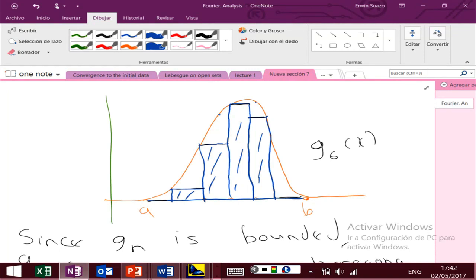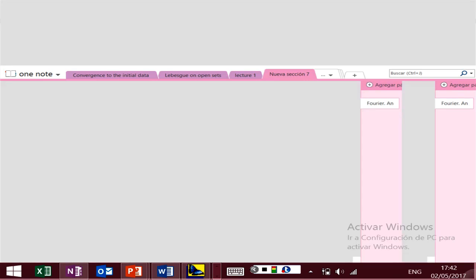The partitions are equal. So if they are G... No, because this is G6. Now do G7 or G9. To do G9 of x, instead of doing 6 times, you do it more. Wow, what happened?